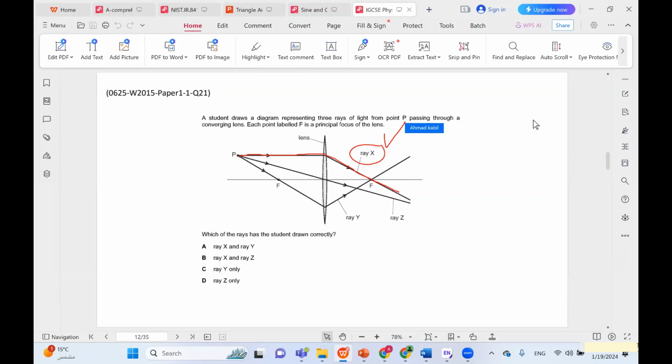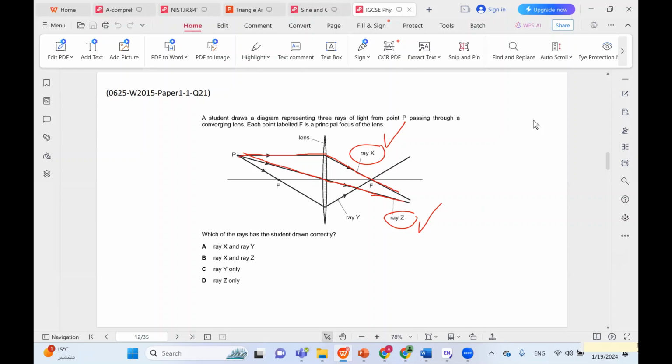Another passes through the origin and does not deflect at all. There's no change in direction. And then it keeps on moving until it meets the first ray. So of course, this second ray is also correct.